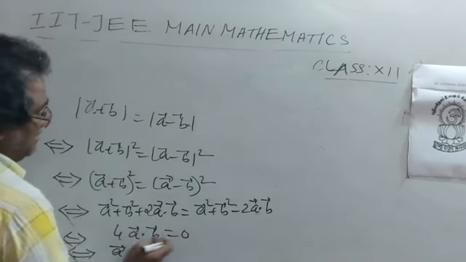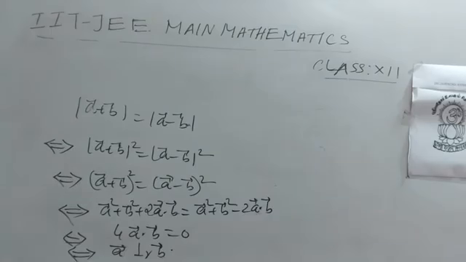This will be cancelled, bring this as 4 A dot B equals 0, that means A vector is perpendicular to B vector.